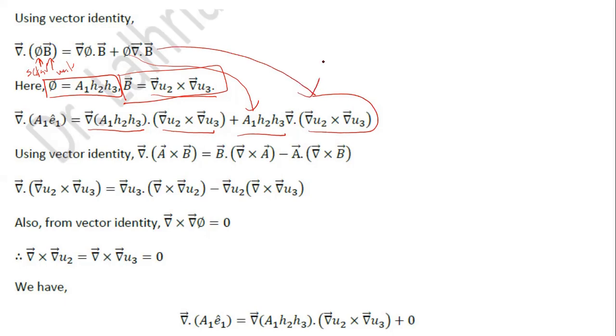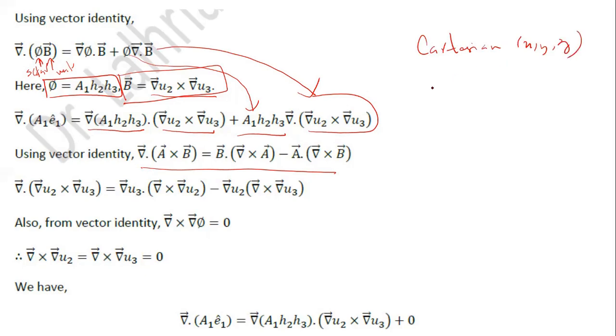Now, we also have another vector identity, which is divergence of A cross B is equal to B dot curl of A minus A dot curl of B. I don't know if I have deduced this in the notes, but this is simple. Let us consider a Cartesian system x, y, z.